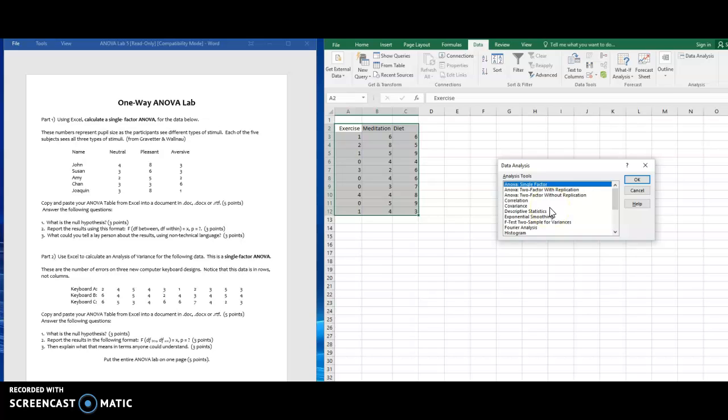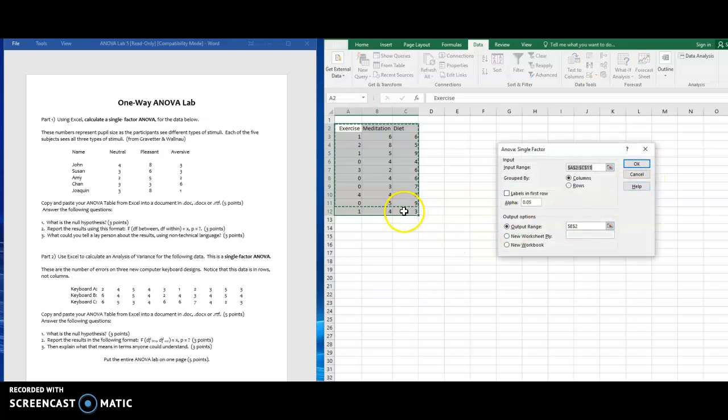So our analysis of variance, we have a single factor, just one factor here, and then we're not going to use a 2-factor. We would have a 2-factor if we used exercise, meditation, and diet, and one of the groups was males and one was females. So then that would be a more complex analysis. So we're going to do a couple of real easy ones here. So we're going to go to OK.